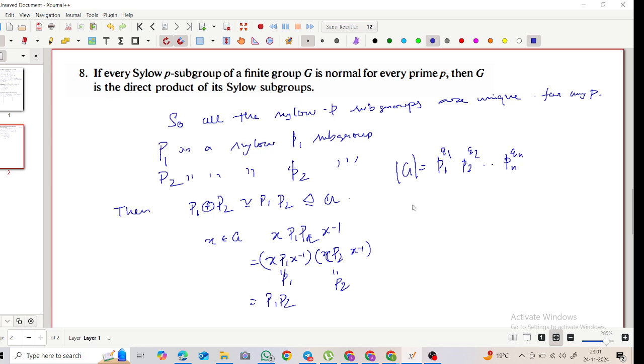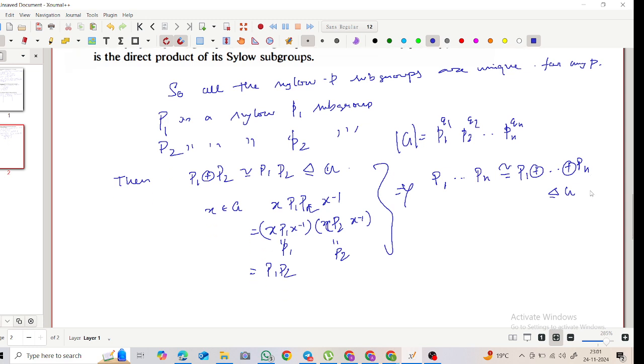So thus from this we say this P1 to Pn, which is isomorphic to the product, is normal in G, right? That's true, na?